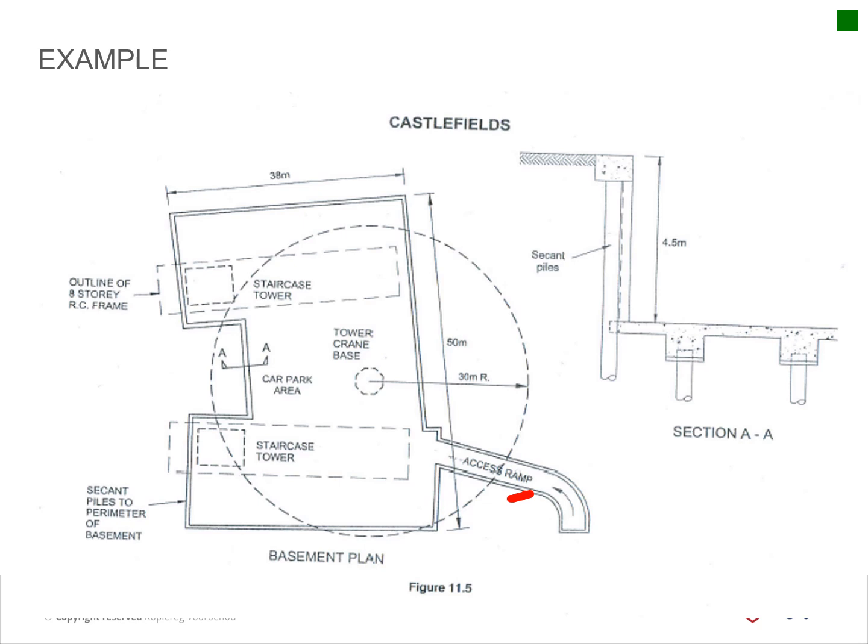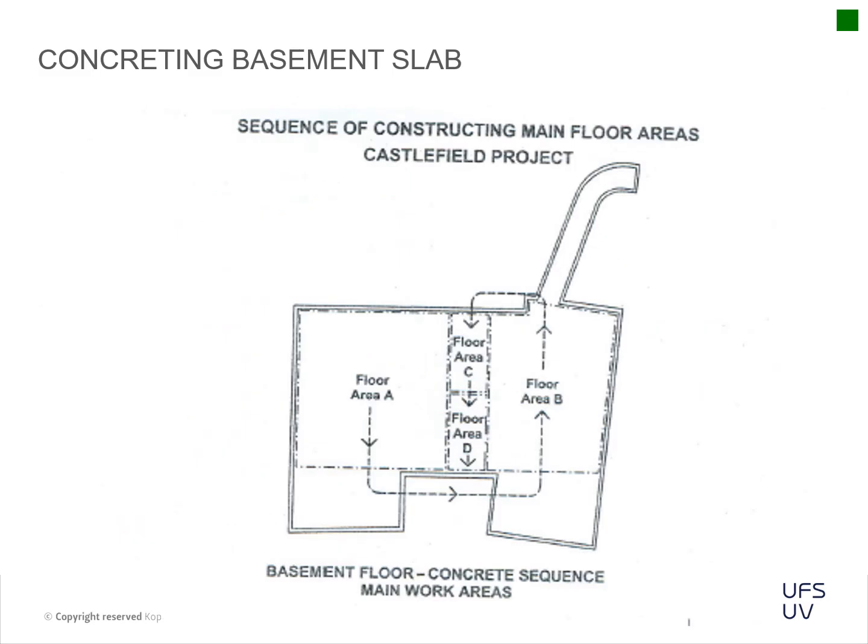So we went through that one example. And then they've got the second example, which is just the concrete pour itself. They just show how they're going to sequence the construction of the main floor area. So they've progressed up to the ground floor, and then they show how they're actually going to pour their ground floor from one side to the other side, and then the permanent access to the basement via this section.